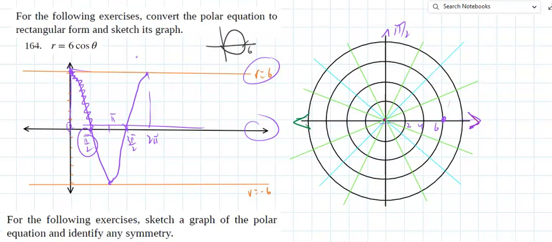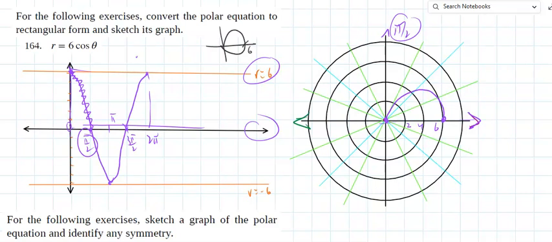If it increases, it goes outwards. If it decreases, it goes inwards. Now, keep in mind, by the time I reach pi over 2, I am at 0. So this is going to come out, start at 6, and it's going to shrink down until you get 0.